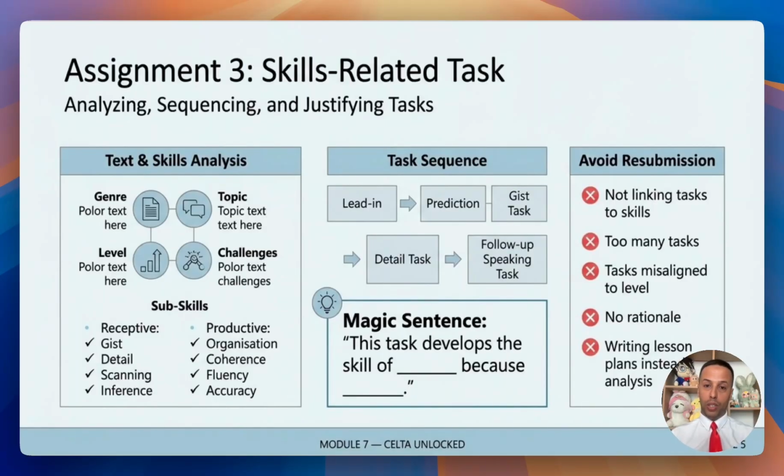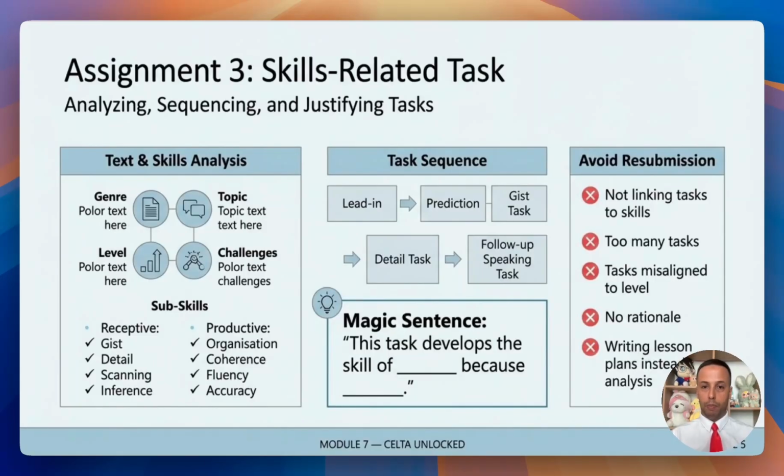So how to avoid resubmission? Not linking tasks to scales. Every task must target a specific subscale, stated explicitly. Two mini tasks: keep it realistic for the time available. Also, tasks misaligned to level.